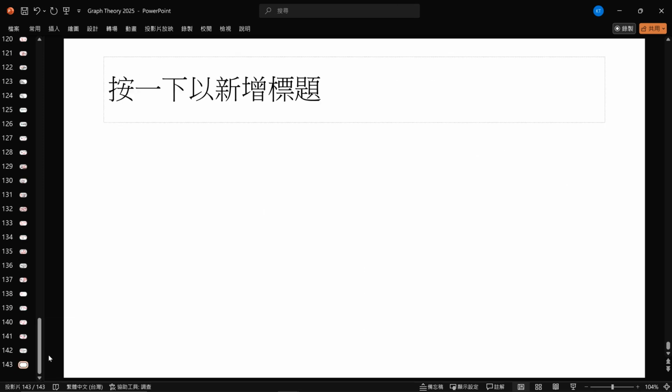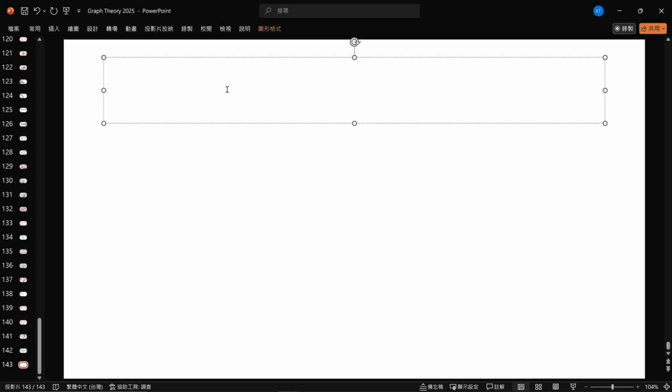Next, the next topic is still related to matching. This time on general graphs, but I'm not going to discuss the algorithm to compute maximum matching. I'm just going to consider perfect matching.